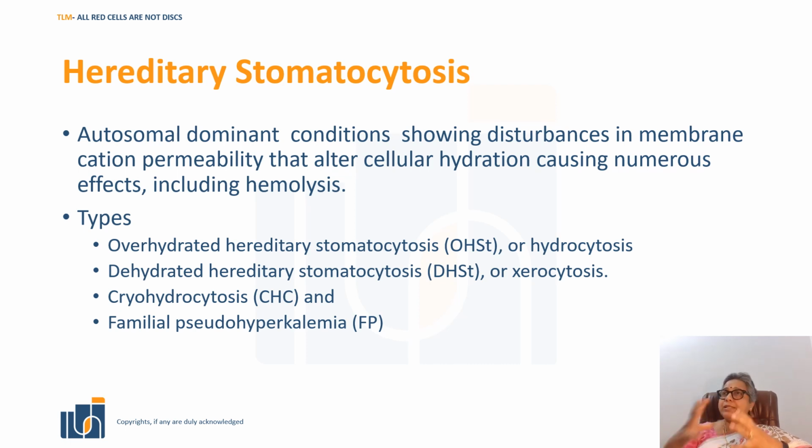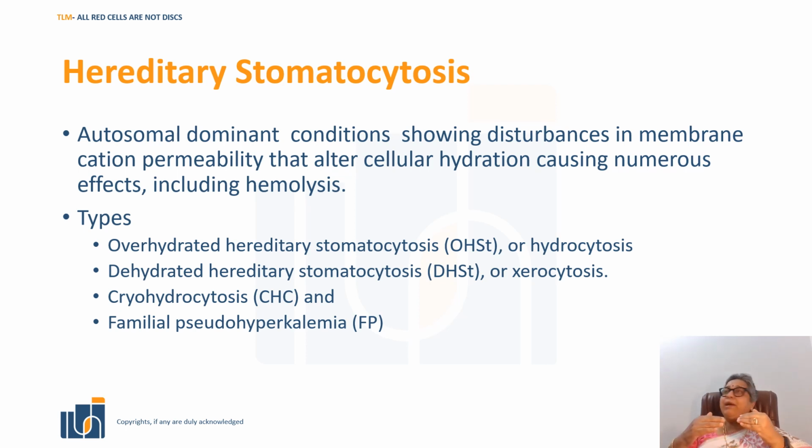So there is a defect in this permeability, because of which the cell can either become overhydrated, called overhydrated hereditary stomatocytosis or hydrocytosis, where the cell will become swollen, or it can be dehydrated hereditary stomatocytosis or xerocytosis.